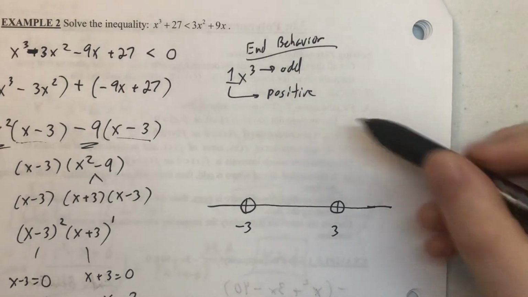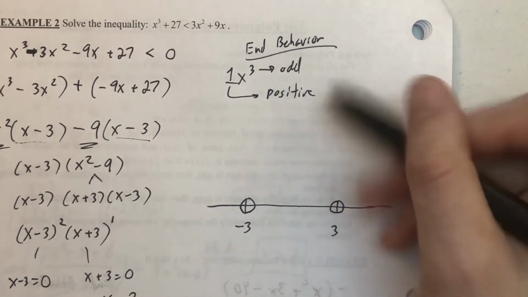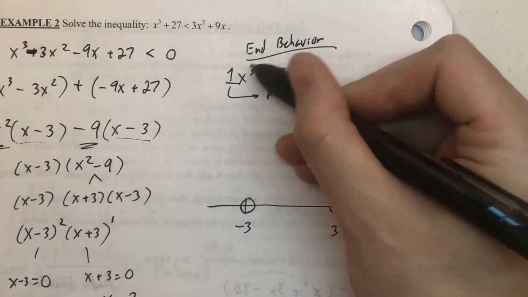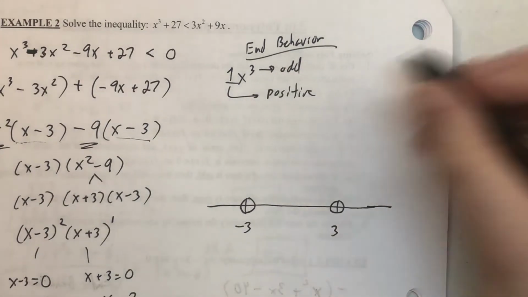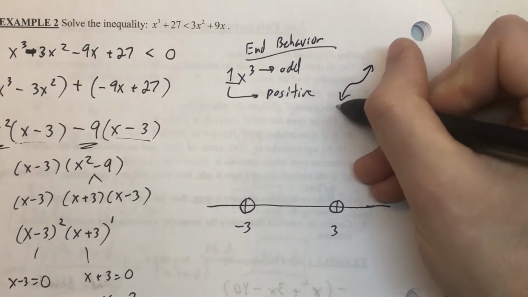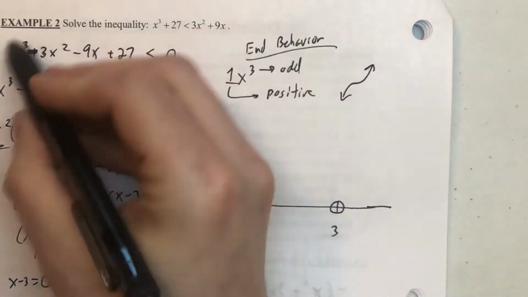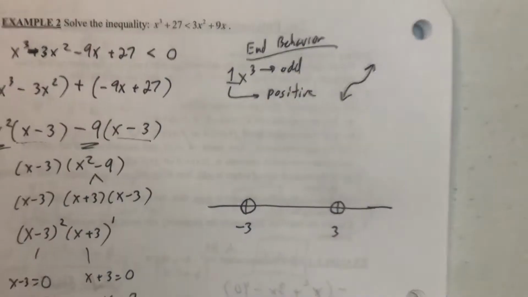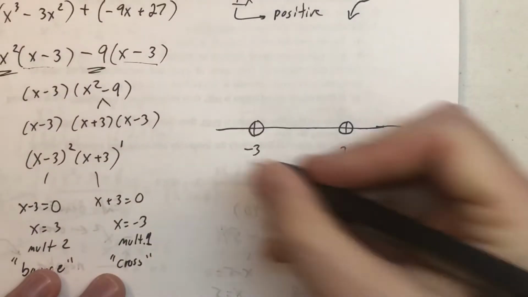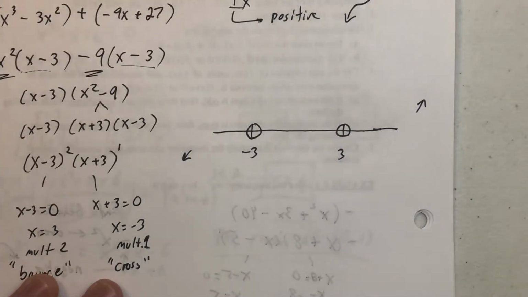And so we said we use the reference of just our x cubed function. For any odd degreed polynomial, we know the end behavior is what it would have been if it was x cubed. And x cubed had that shape to it, so the falling to the left, rising to the right end behavior. So we know that whatever this is has to follow that same end behavior. So on our number line, far left here, it's definitely falling, far right, it's rising.